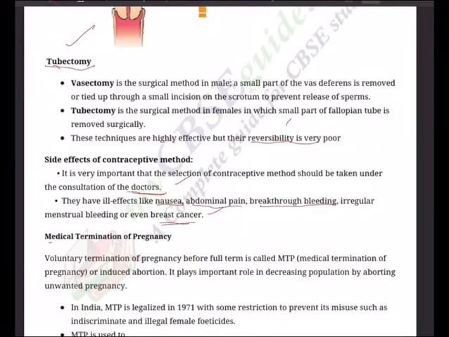And what about this MTP, medical termination of pregnancy? Voluntary termination of pregnancy before full term is called MTP, medical termination of pregnancy, or induced abortion. It plays an important role in decreasing population by aborting unwanted pregnancy.